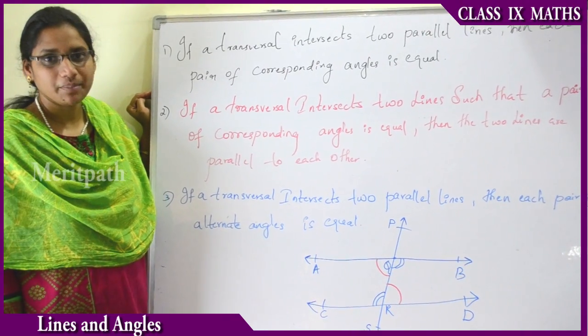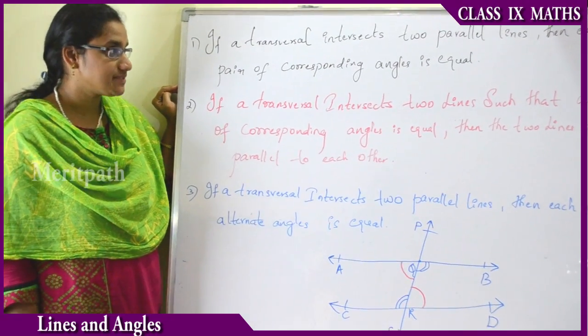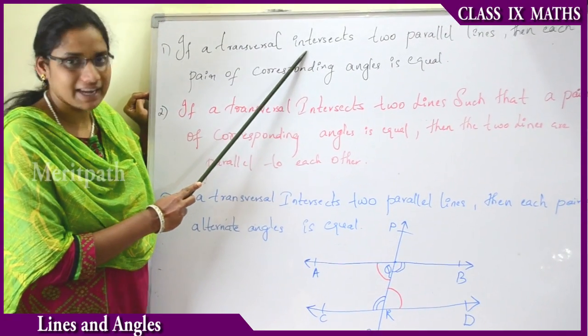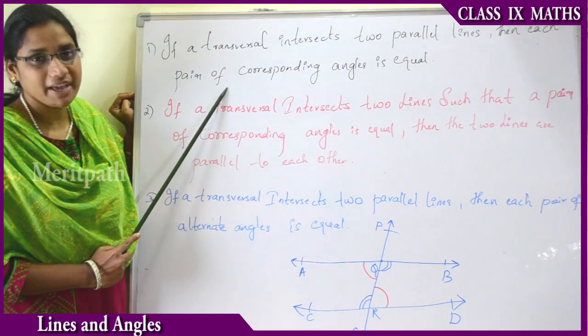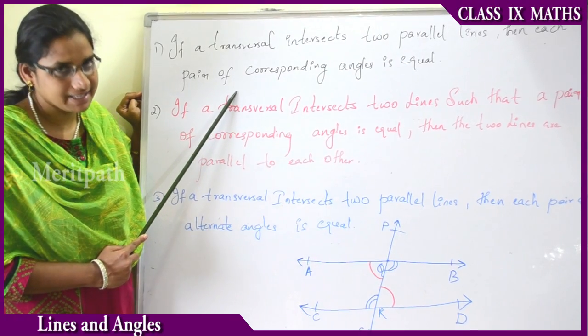Let us see one more important point: if a transversal intersects two parallel lines, then each pair of corresponding angles is equal.